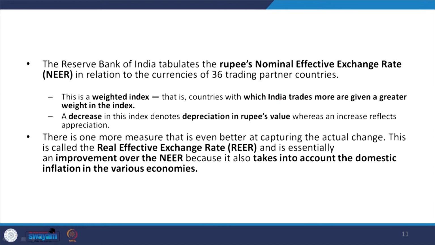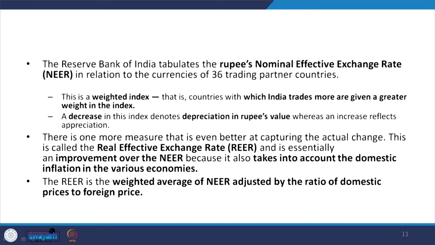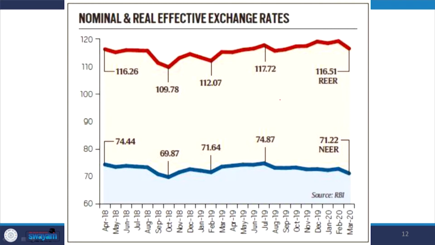Now there is one more measure that is even better referred to in the international context for comparison, called the real effective exchange rate. It is essentially an improvement over NEER, because it also takes into consideration the variation in inflation in various economies. The REER is the weighted average of NEER adjusted by the ratio of domestic prices to foreign prices.